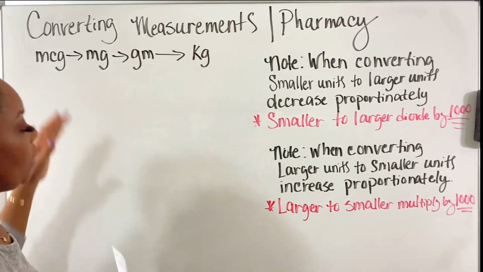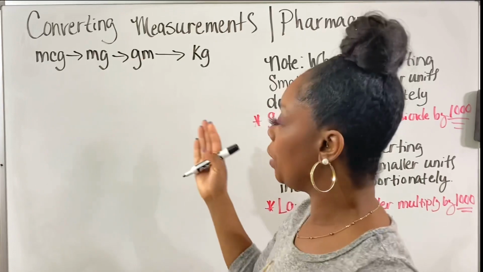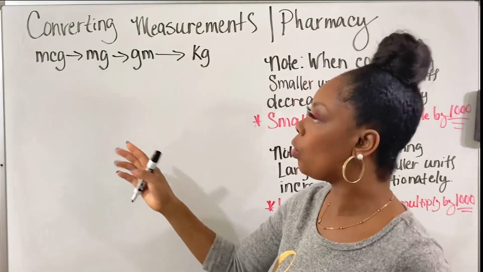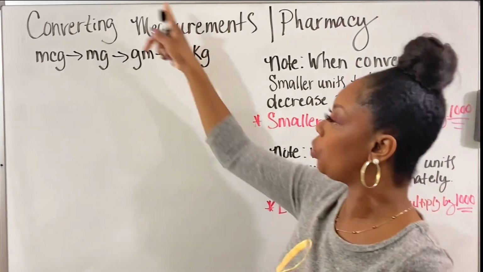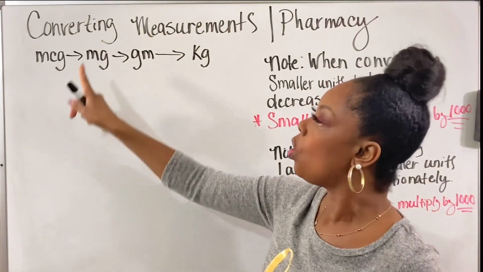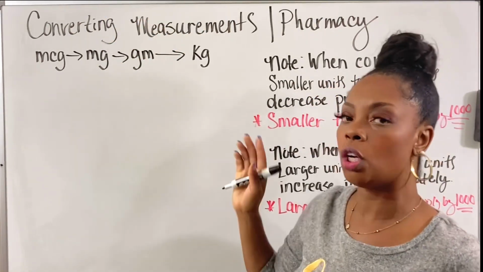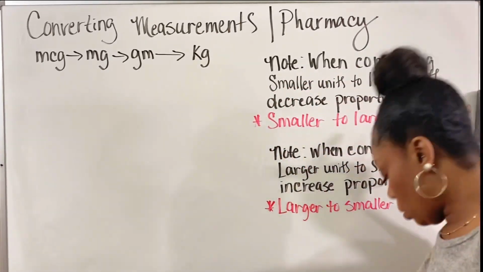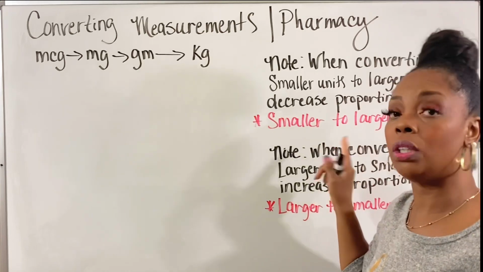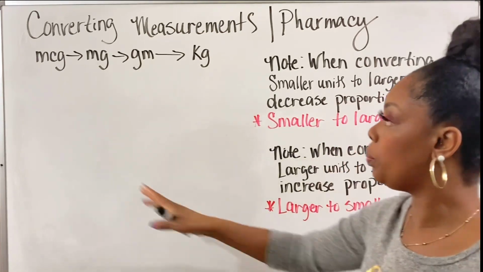So this is the units increasing. Now today I'm not going to be teaching you going from micrograms to kilograms, or from kilograms to milligrams, or from milligrams all the way to kilograms. We're only going to be moving over one unit, and these rules will apply. Okay, these notes will apply.